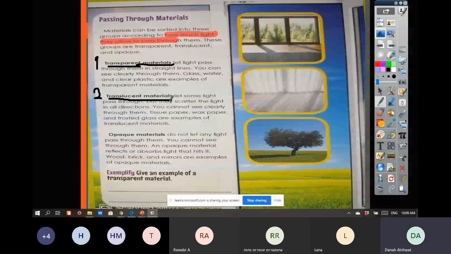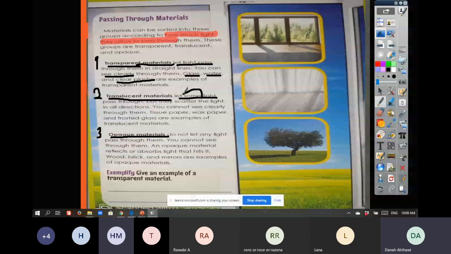Now the second one is the translucent material. It lets sunlight pass through, but we cannot see clearly through it. Examples are tissue paper, wax paper, and frosted glass, the one I showed you in the last slide, which we use for restaurants and bathrooms.